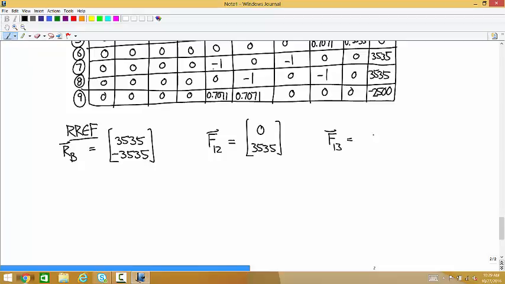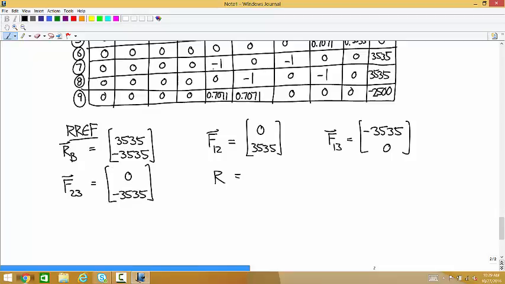F13 is negative 3535, 0. F23 is 0, negative 3535. And R is 7071. Any questions about that?